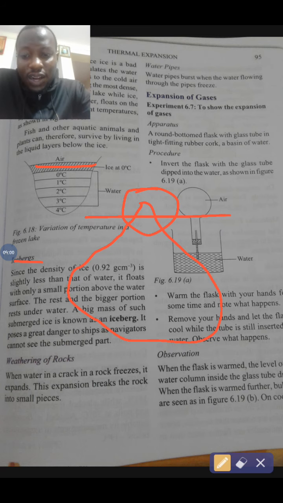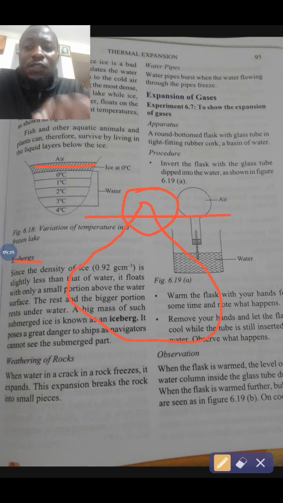This water will start freezing. As it freezes, we expect that it will be contracting. Let's say it is freezing from around 20 degrees C to 10, maybe to 5. During that time, it is contracting.